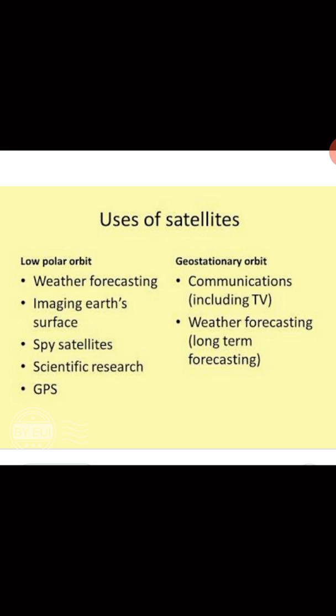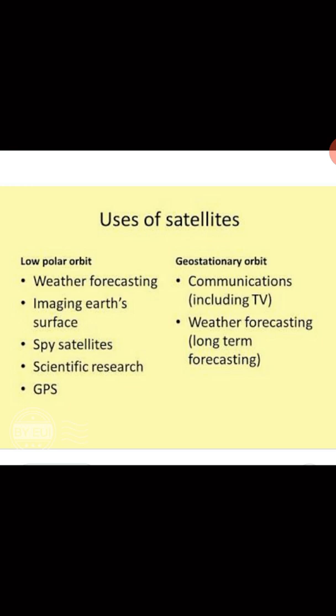Polar satellites are also used as spy satellites. Spy satellites are used by intelligence or military departments if they want to send some important or secret message to their personnel. So spy satellites are also a type of polar satellites.